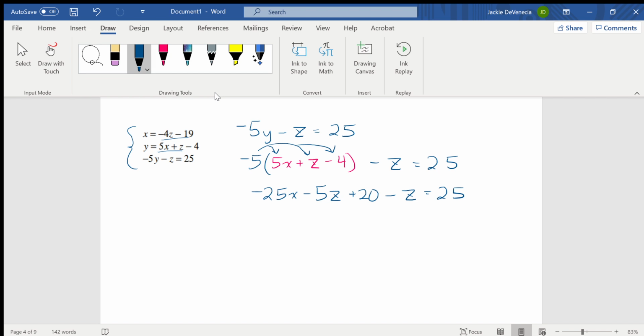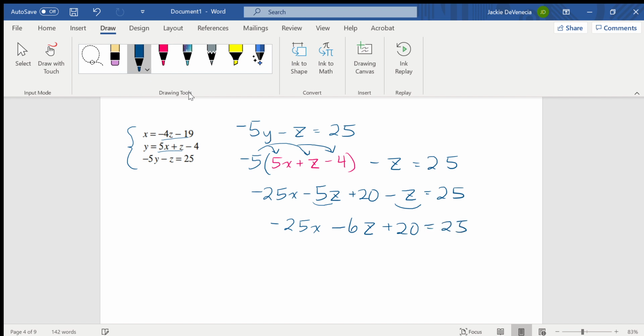So I just distributed over here, and I could go ahead and combine those like terms. So negative 5z plus minus z. I'm going to bring down that 25x. If I combine those two together, we should get a negative 6z. And then we have a 20 and equals 25.